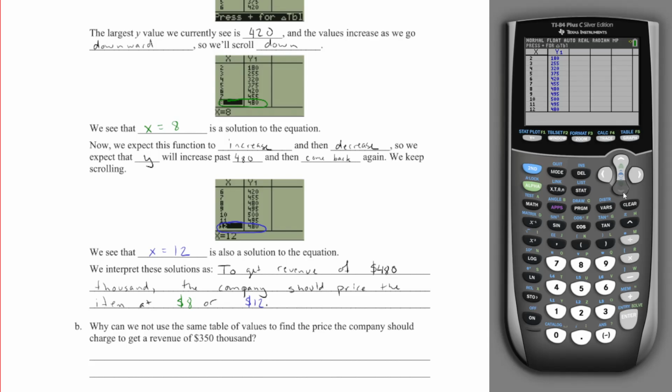As we keep scrolling, we see that y comes back down to 375 and then skips to 320 again. So in the table we're looking at, we don't see any rows where y equals 350.